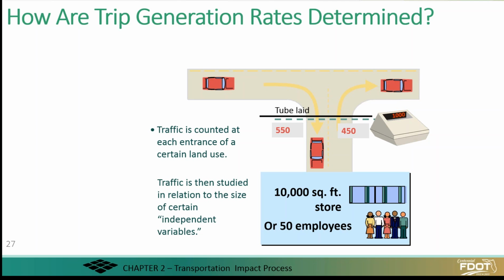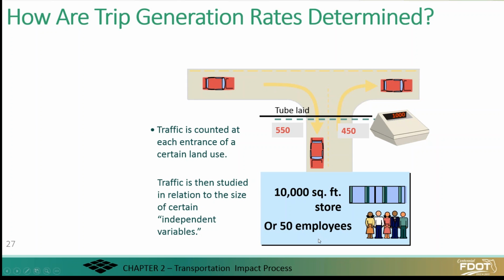So we said we have 1,000 trip ends, and let's work with square footage at this moment. This development is 10,000 square feet. So we say 1,000 trip ends divided by 10, because the ITE methodology is based on 1,000. 1,000 divided by 10 gives us 100 trip ends per 1,000 square feet.